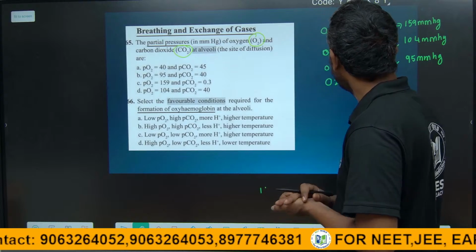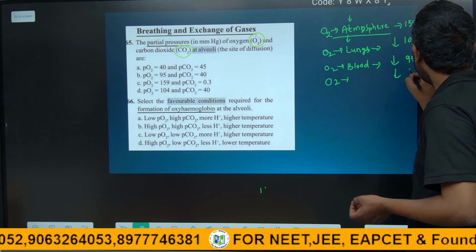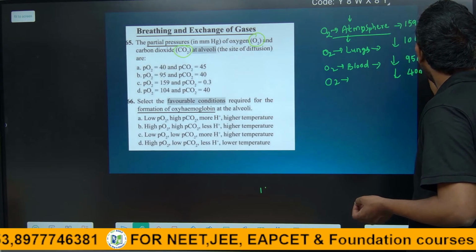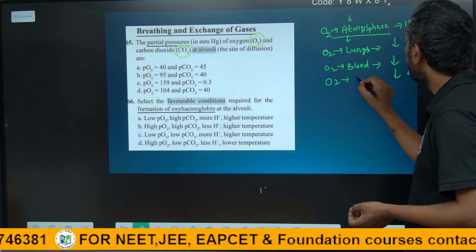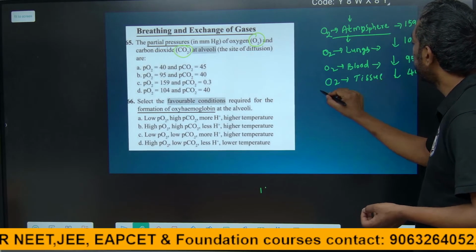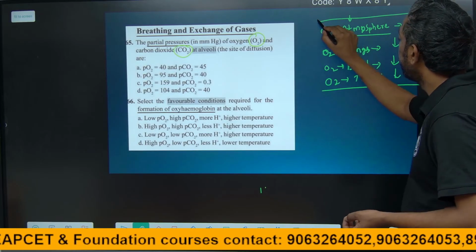In this condition, the partial pressure of oxygen decreases the most in the tissue, to 40 mmHg. This is the oxygen partial pressure in different areas in the human body.